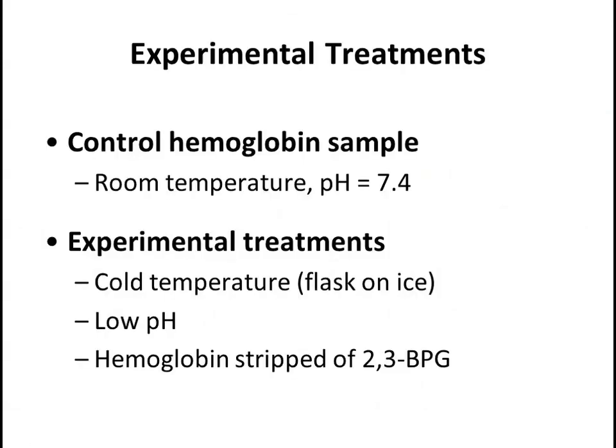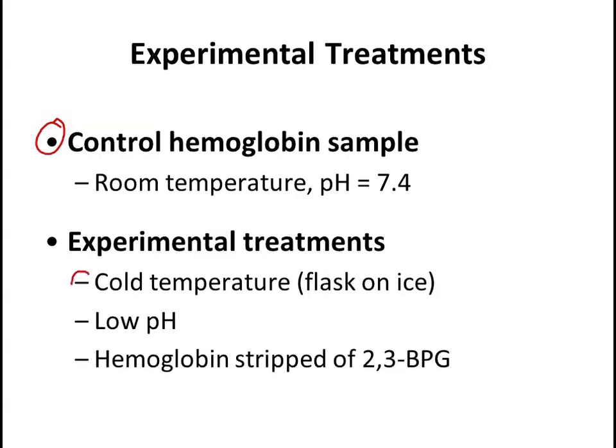In addition to constructing a normal dissociation curve, you'll also investigate how that curve will be affected by a few experimental treatments that mimic physiologic conditions. Every group will test a control sample at room temperature and at a pH of 7.4. And your group will be assigned one or more of these experimental test conditions.